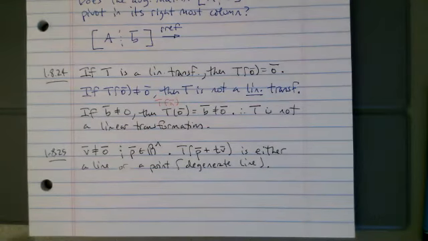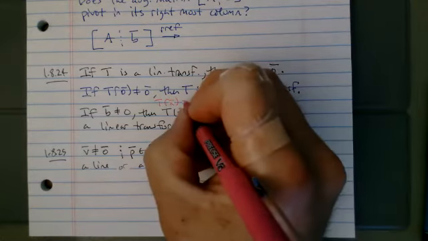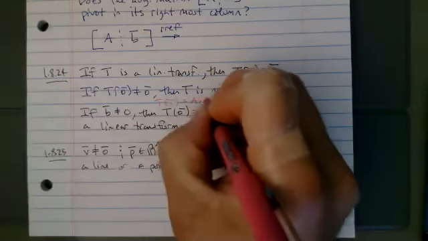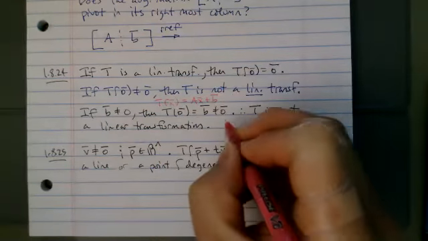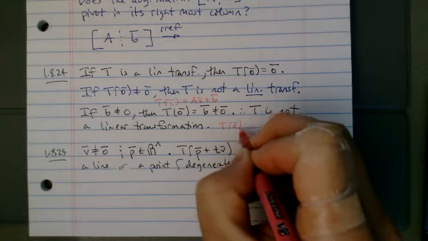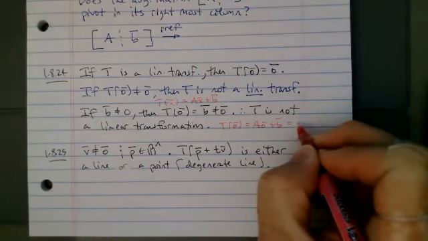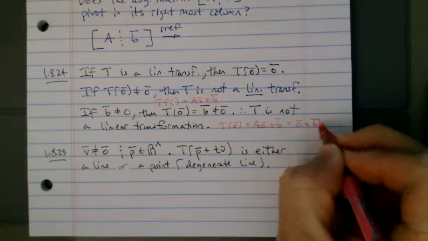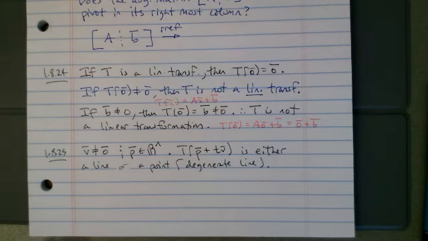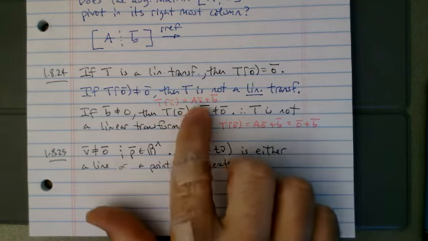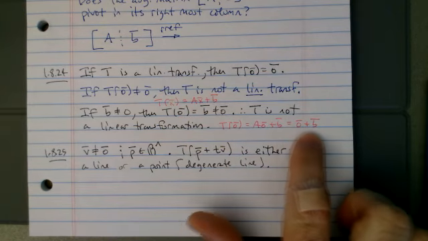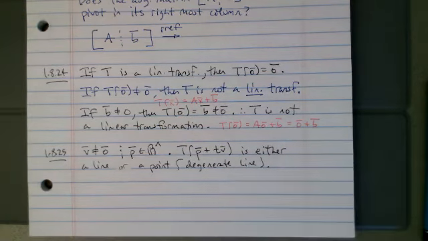So in 24, the transformation T of x was equal to ax plus b. So that means if we do T of 0, we get a times 0 plus b. A times 0 is 0, but b was given as not 0. So the image of 0 under this transformation, ax plus b, is not 0 because we're left with the b.